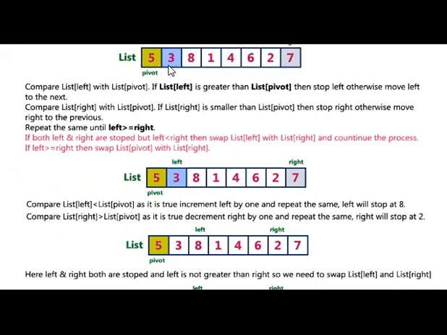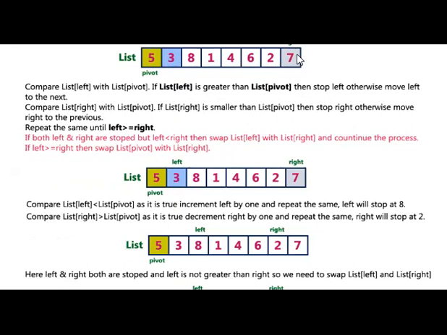We check whether the left side is greater than the pivot value. Yes, it is greater, but on the right side, is j less than the pivot value 5? No, it is not satisfied. Then the left is greater than or equal to right?